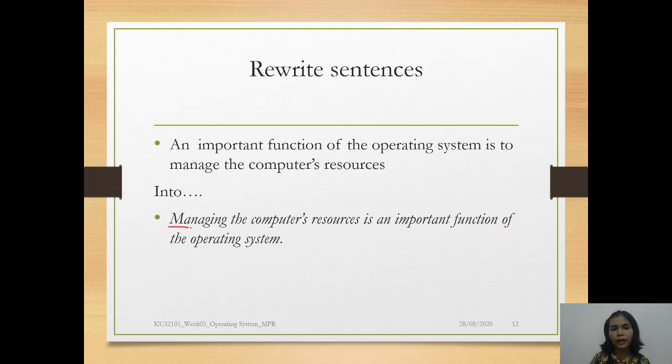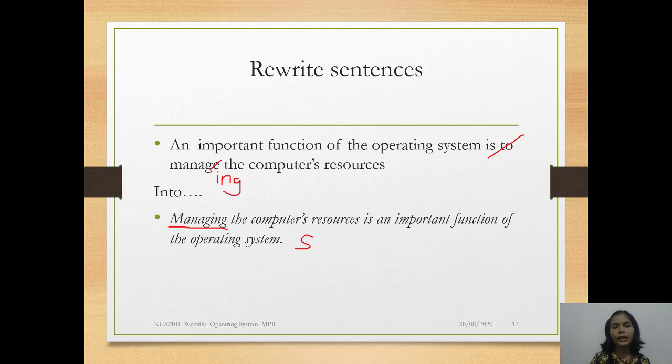Now, over here, managing functions as the subject. But it is also possible to change it into the object. For example, an important function of the operating system is managing the computer resources. That's still okay.